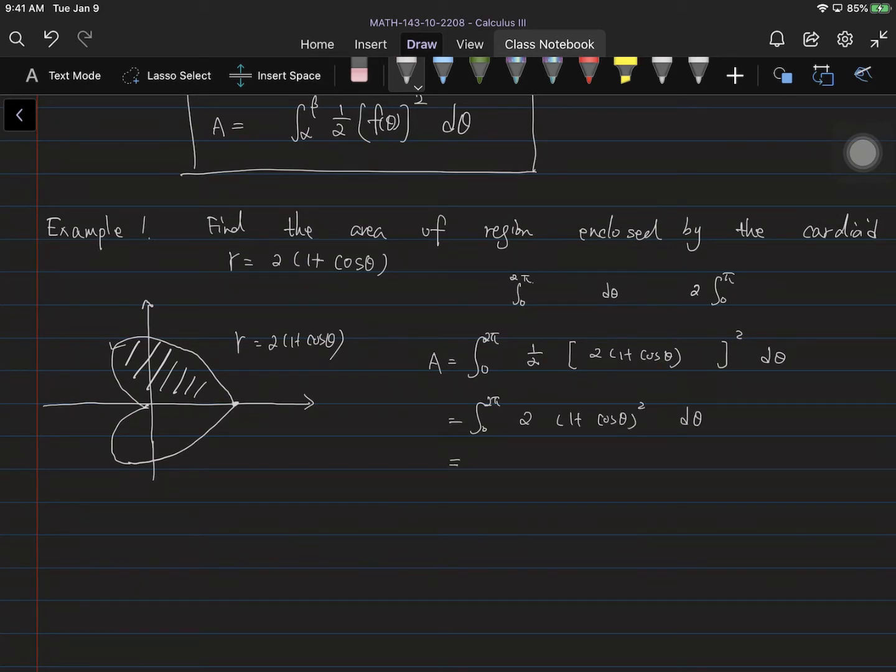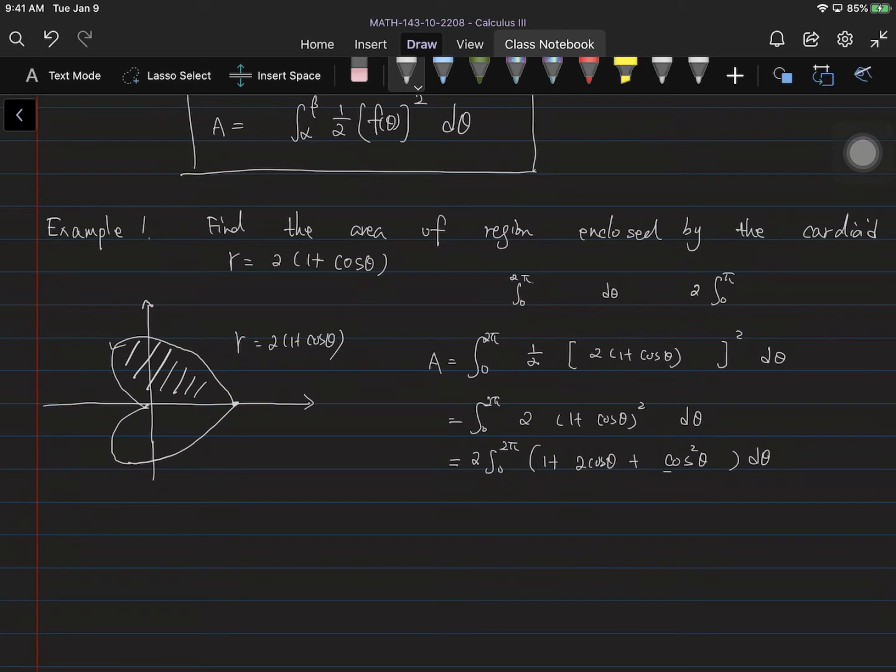This, we have to evaluate by using the trig function identities. So we need to simplify. I like to take the 2 out because it's constant and expand the square. So it's 1 plus 2 cosine theta plus cosine squared theta d theta.